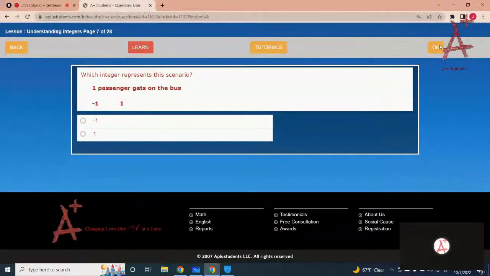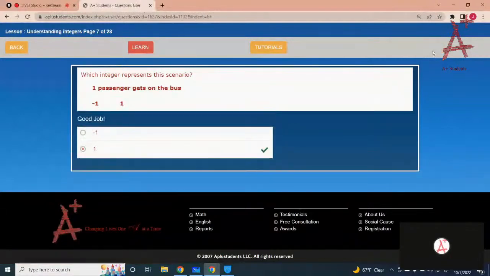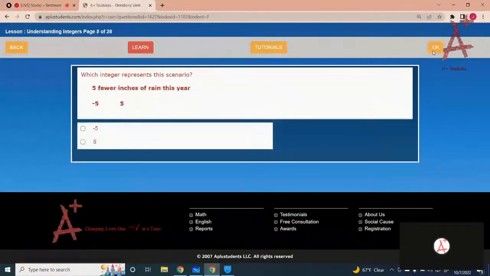That means it's an increase. Got it? Five fewer inches of rain this year means it's a loss. So it would be a -5. Got it?